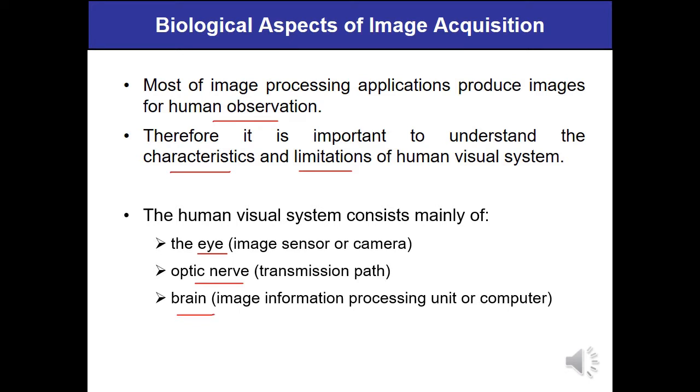The human eye can be easily compared with a camera system. The eye can be related to the image sensor or camera, the optic nerve to the transmission path, and the brain to the image information processing unit or computer.